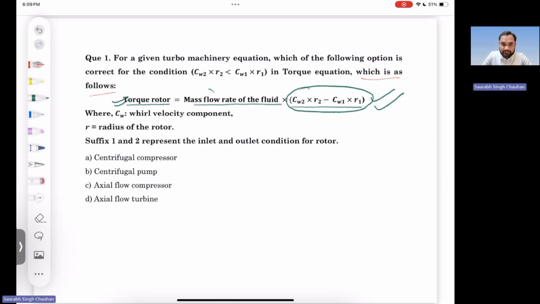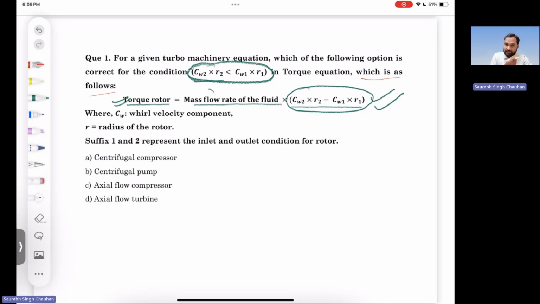So we have to tell, for this case, that CW2 into R2 is less than CW1 into R1. So this is the case for which type of machine?